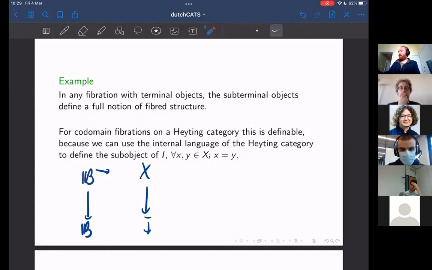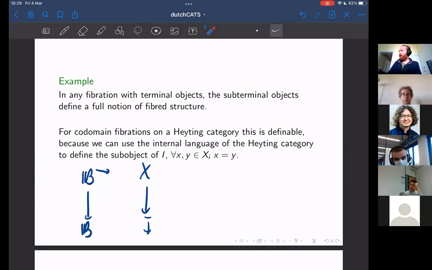Then for any fibration, we can define a class of subterminal objects. For convenience, let's assume we have terminal objects in this fibration. The subterminal ones are just those objects for which the unique map into the terminal object is a monomorphism.